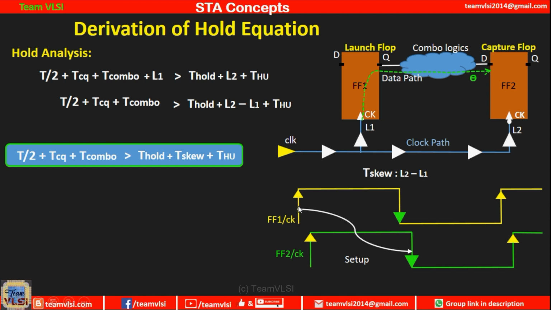So we have only T/2 time to meet this setup, and we have seen our hold analysis is done one cycle before this negative edge, that means on this edge. So for hold analysis we consider this negative edge, right? So here we have a very tight condition for meeting the setup and a very relaxed condition for meeting the hold.